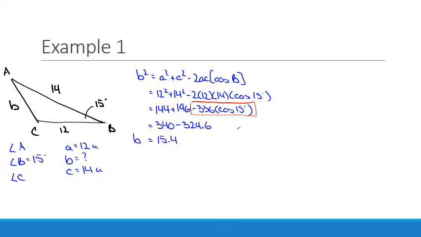And again, I should be writing b squared the whole time here. I've gotten lazy. I want b, not b squared, so I have to take the square root. So b is then going to be equal to 3.9. And there we go. We found that side length. The exact same work as we did in the previous chapter.